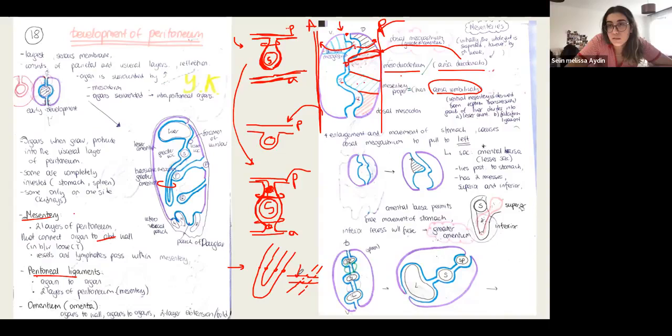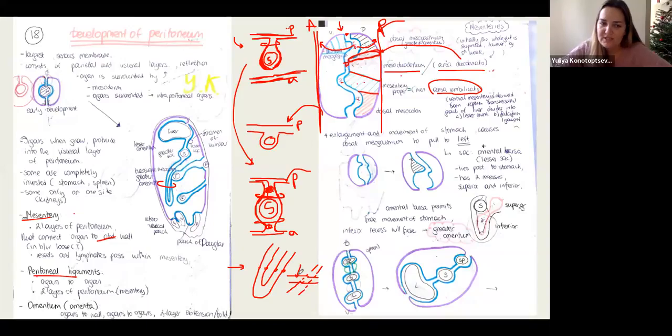Visceral. Lesser omentum, what does it consist of? Lesser omentum consists of two peritoneal ligaments. The top peritoneal ligament that goes like this, two layers of visceral, is the hepatogastric ligament. The bottom of the lesser omentum, which is going like this, also two layers, is the hepatoduodenal ligament.